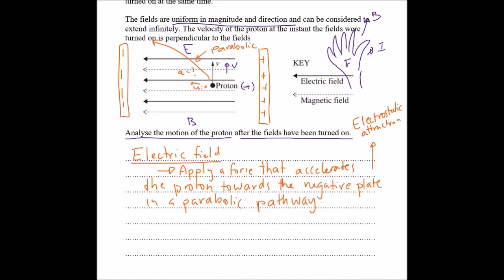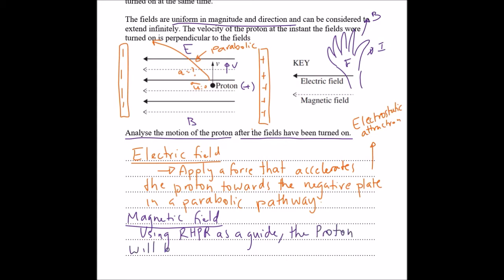So what we know is this proton, when exposed to this magnetic field, is going to be pushed out of the page. So for the magnetic field, using the right-hand palm rule as a guide, the proton will be pushed out of the page. But that's not it, okay?